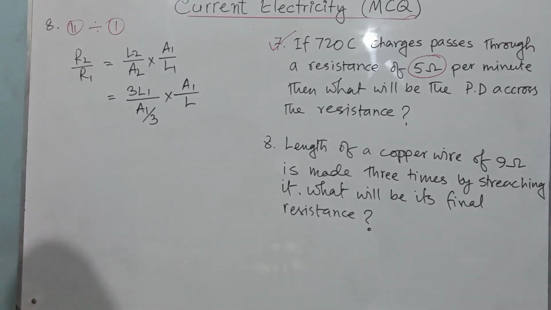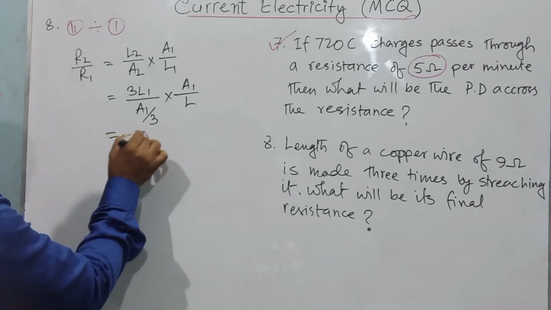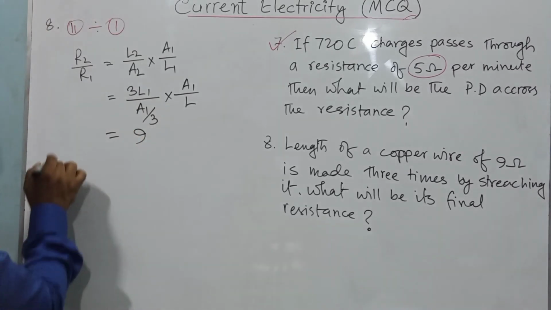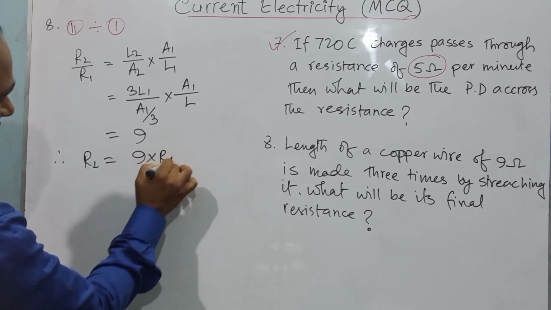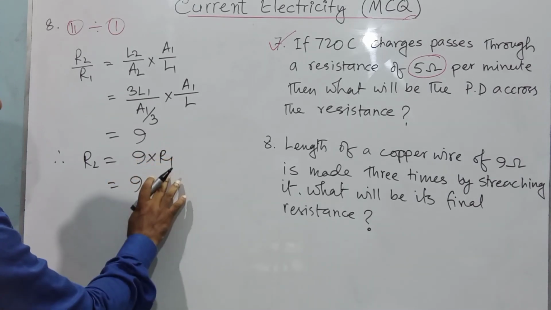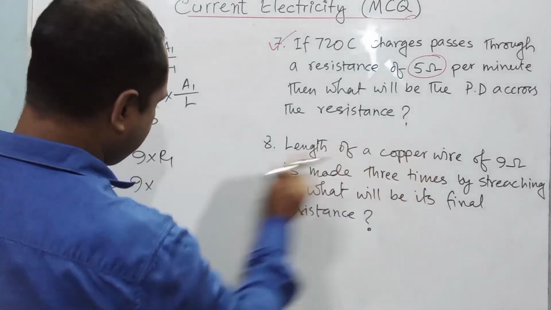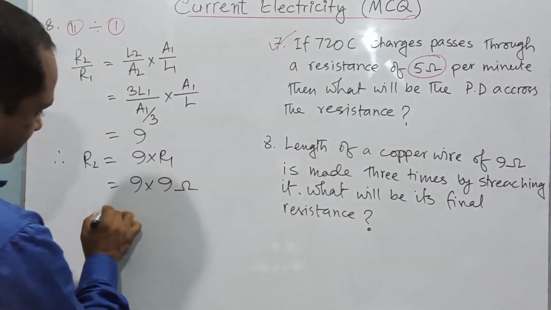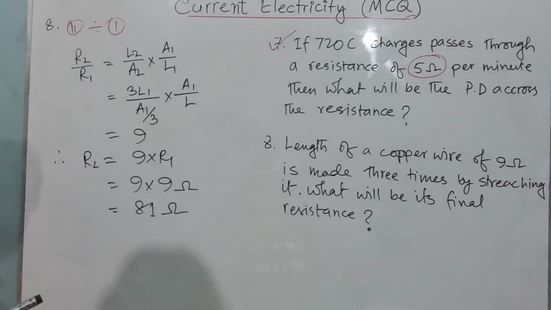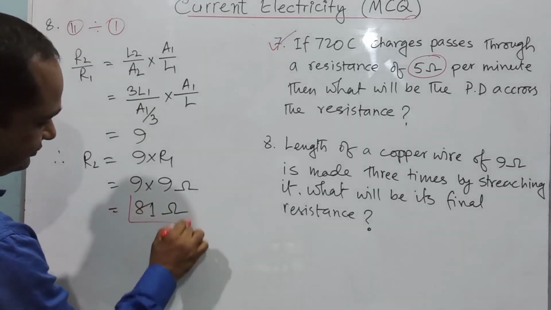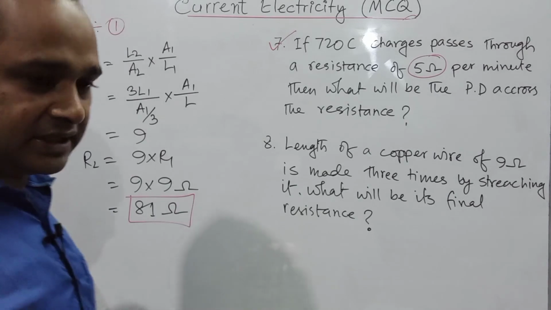Dear student, after the simplification we will get 9. So therefore R2 is equal to 9 multiplied by R1, that is 9 R1. R1 means 9 ohm, that is 81 ohm. So this is the final resistance of the wire, right?